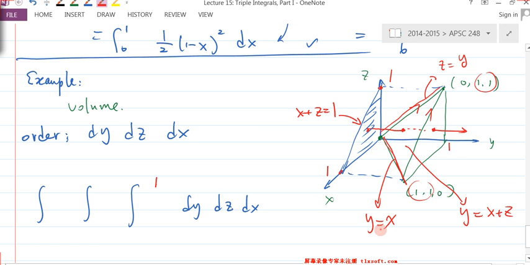Why is that? When you say y equal to x here, which means what? Which means z equal to 0, right? So if this is the plane, you let z equal to 0, you get y equal to x. And you let x equal to 0, that's the intersection between the plane and this yz plane, and then you get z equal to y. Was that good?